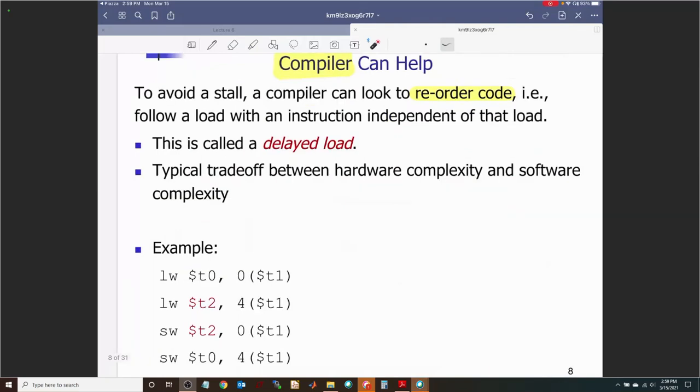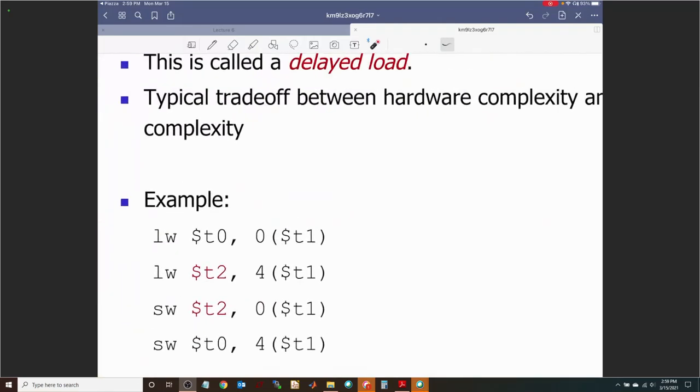Now let's see. Here is an example. Let's try to do that same kind of scenario here. Do you see a load use hazard present in this example? Let's number them so that we can discuss. This is 1, 2, 3, and 4. So those are instruction numbers. Do you see a load use hazard happening?